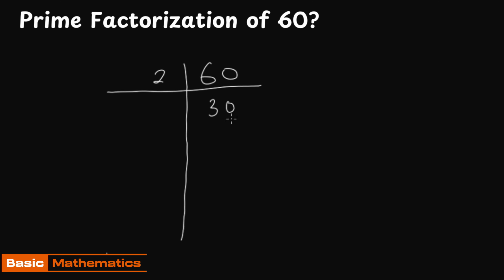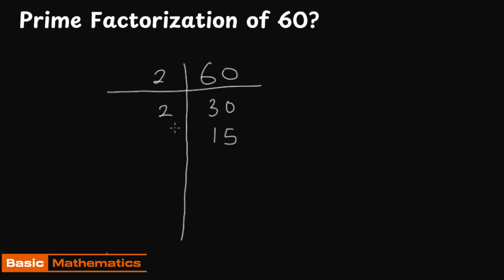If you want to check, you can say 2 times 30 will give us 60. So that's correct. We can use 2. 2 into 30 is 15. If you are wondering how I got that, it is how many times can we use 2 to divide 30? That gives us 15. Or we can say 2 times 15 is 30.